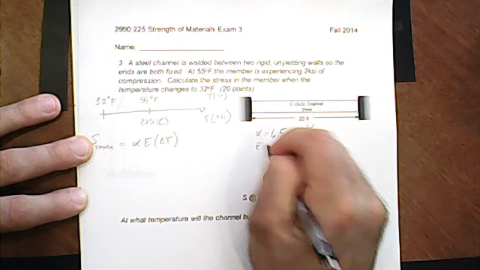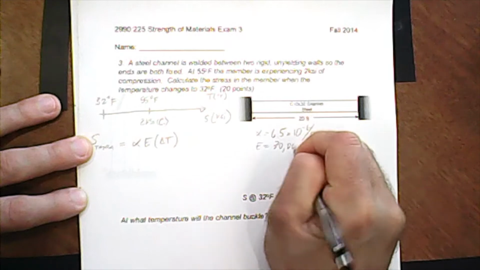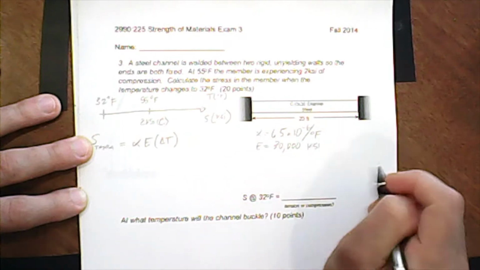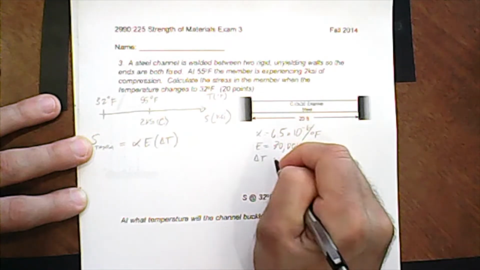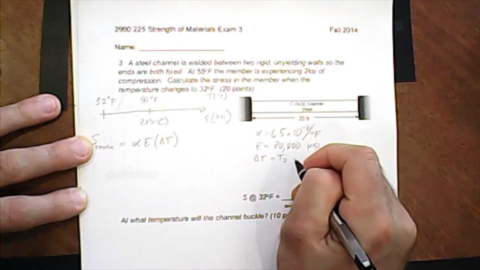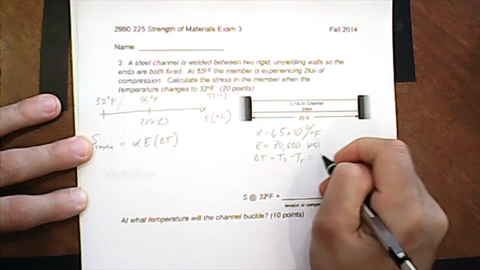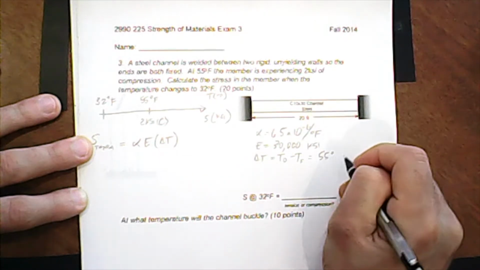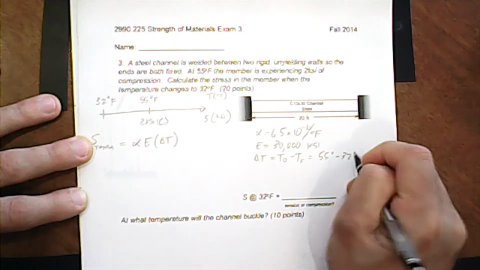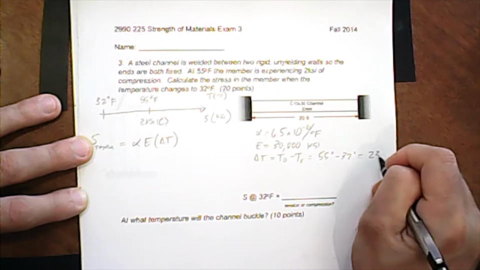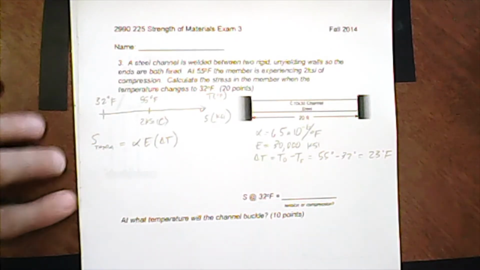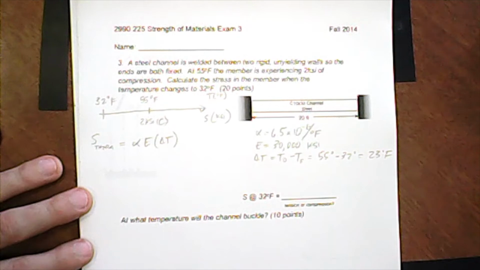E, we know this so well, is 30,000 ksi. And our delta T is going to be T naught minus T final, which is 55 degrees minus 32 degrees, which equals 23 degrees Fahrenheit. So there we can figure out what our stress is.